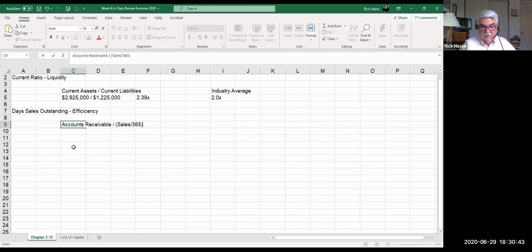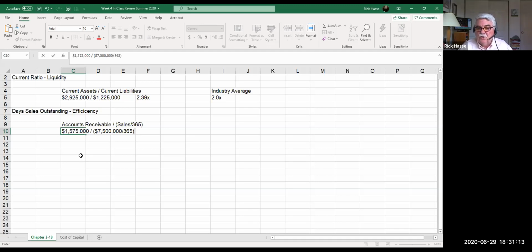In other words, if this company has an accounts receivable balance of $1,575,000, their total sales in the current year are $7.5 million. And I divide that by 365 days to determine their average sales per day.